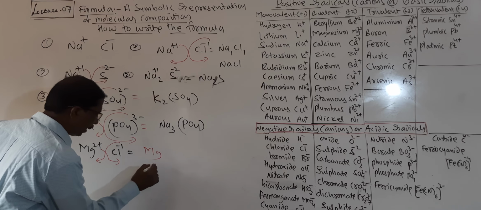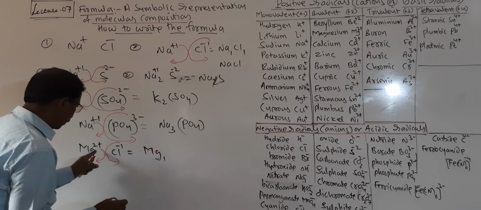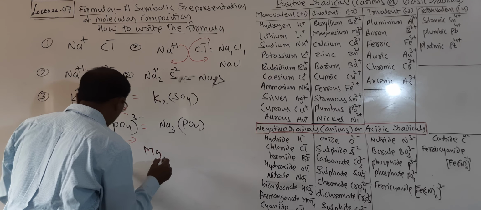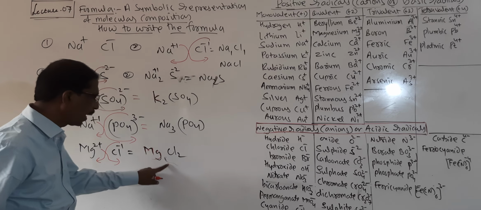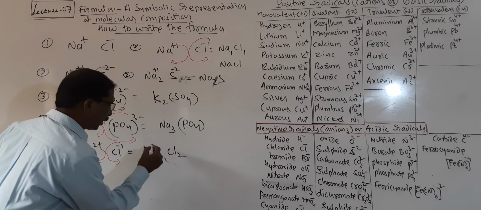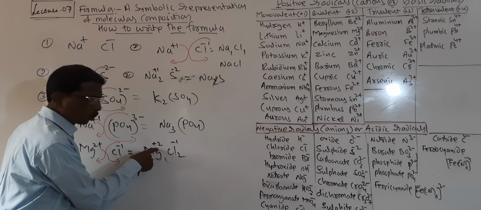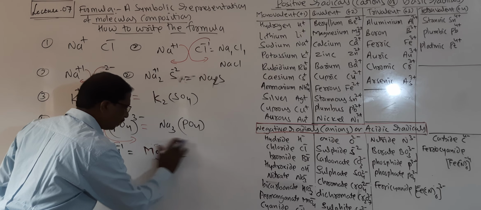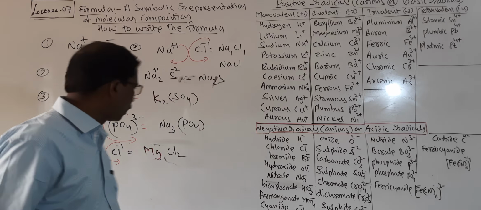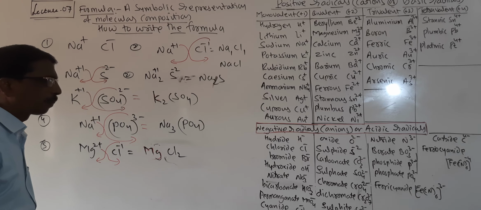It becomes Mg1, and Cl2, so 1 is removed. Magnesium chloride, MgCl2. Check it: plus 2, minus 1, 2 ones are 2, it is plus 2. So is it right? Then it is magnesium chloride.